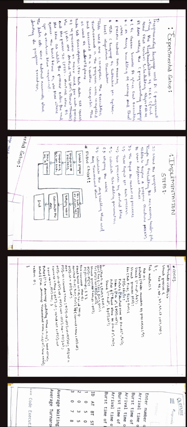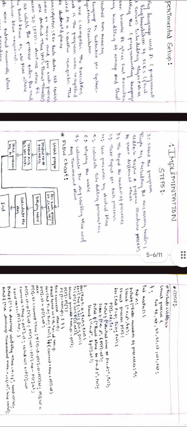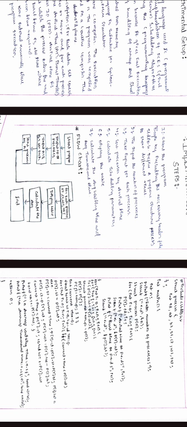Now, implementation steps. In these implementation steps, we start the program, then begin by including the necessary header file stdio.h, and define the proper structure process to store different times. Next, step 2 is the number of processes.